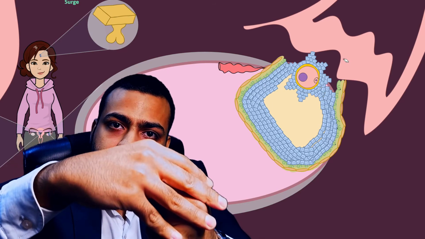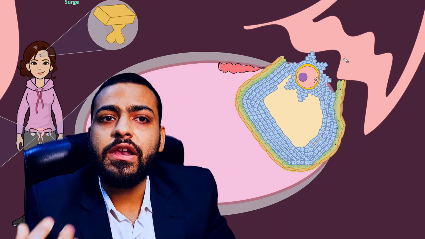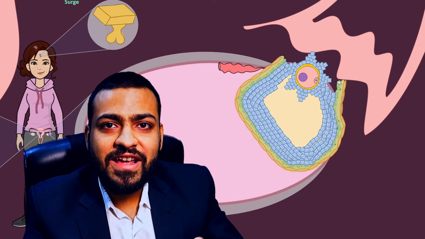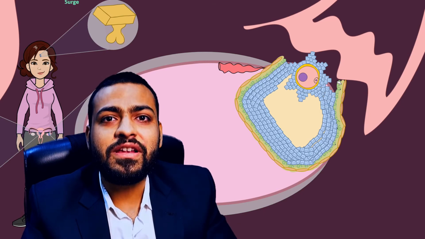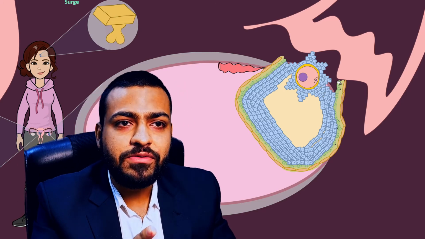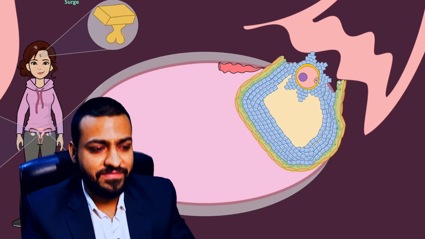They will pull it inside the lumen of this uterine tube, and then inside the lumen there are special cilia which, due to ciliary motion, will take it back towards the infundibulum of this uterine tube. Clear?